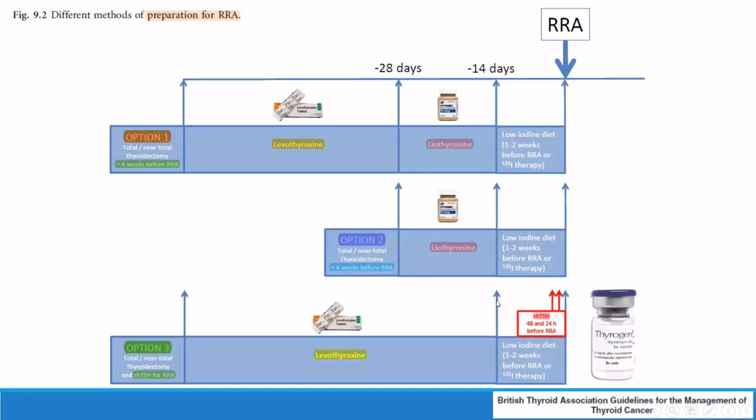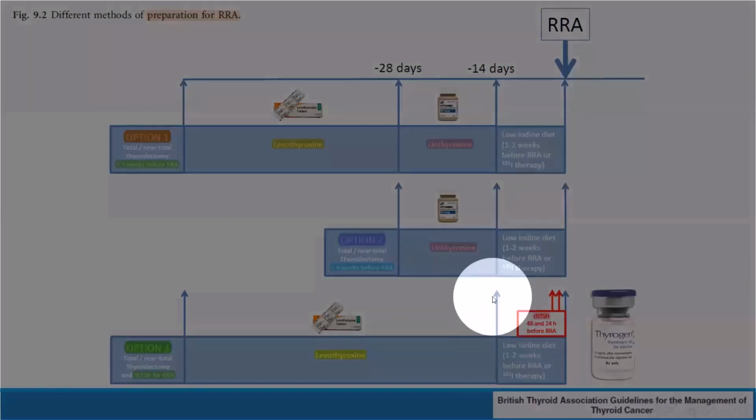So this arrow is wrong in the guideline. Levothyroxine should be continued until radioiodine remnant ablation, and we give Thyrogen to bring TSH to more than 30, so radioiodine remnant ablation is effective. So this arrow is not correct in this guideline.